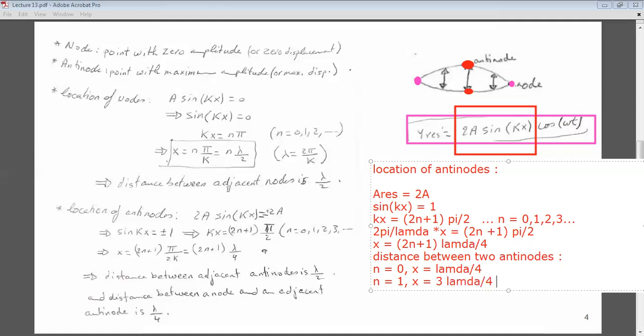And 3 lambda over 4 minus lambda over 4 is 2 lambda over 4, which is again lambda over 2. So the distance is lambda over 2.